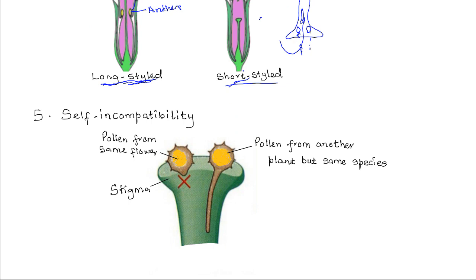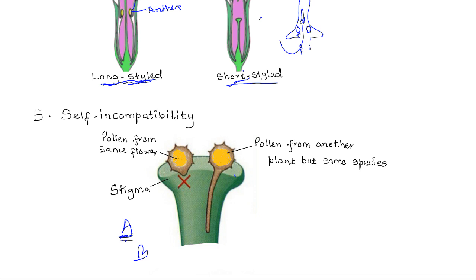There are many plants that exist in several varieties. So let's call one variety A. So the pollen grains of variety A will not germinate on the stigma of the flower belonging to the same variety. It can only germinate on the stigma of a different variety of the same species, let's say variety B.